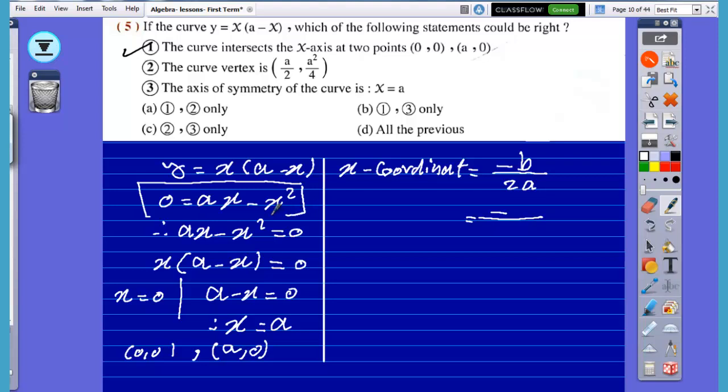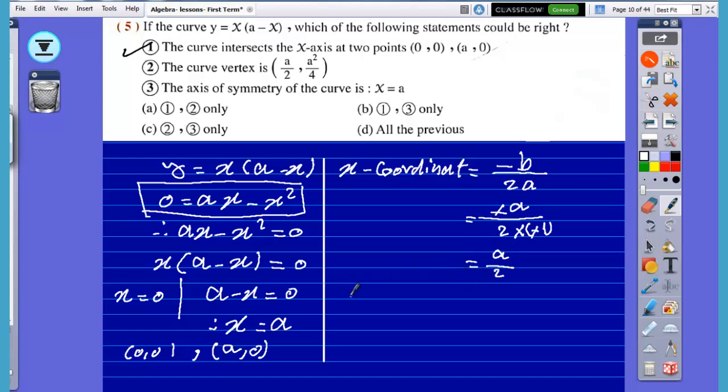The coefficient of x is a, over 2 multiplied by a, where a is the coefficient of x square, which is negative 1. Negative over negative is positive, so it is a over 2. So the x coordinate of the vertex is a over 2.